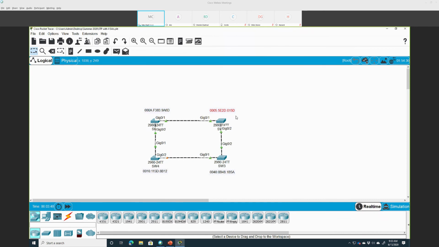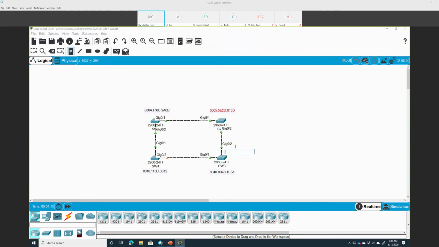So what does that mean? Once I have a reference point, any switch connected directly to the root bridge, which is here, SW2, this one connected to this one, will become a root port.